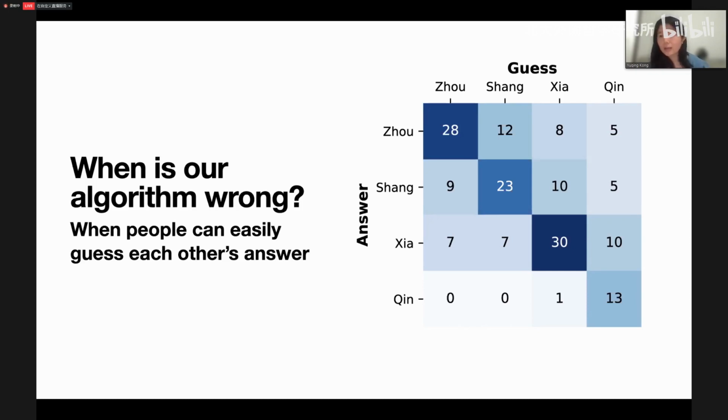It's like in real life, when people agree to disagree: they perfectly know other people's opinions, but still stick to their own. In that case there is no hierarchy, our algorithm cannot provide a good hierarchy, and the top ranking answer may not be the correct answer.